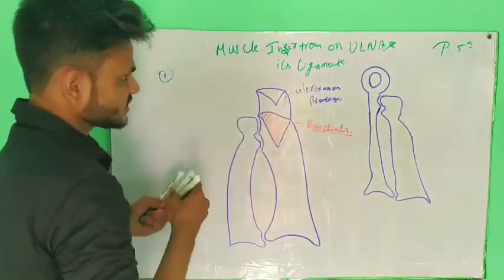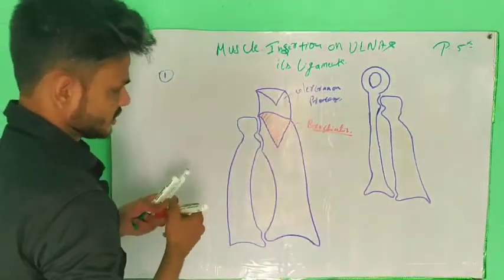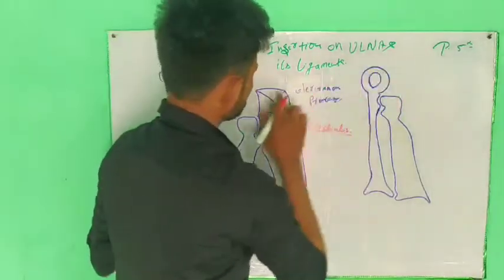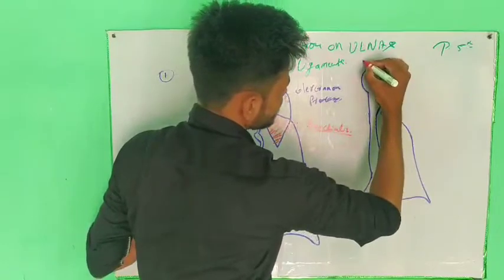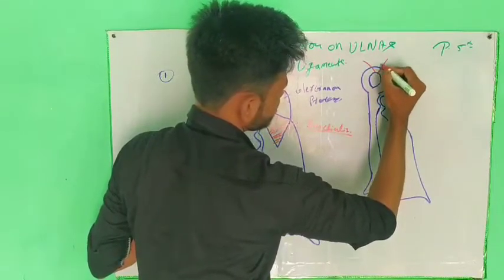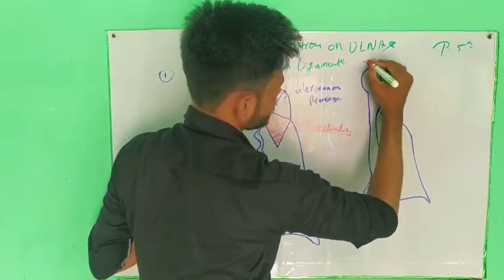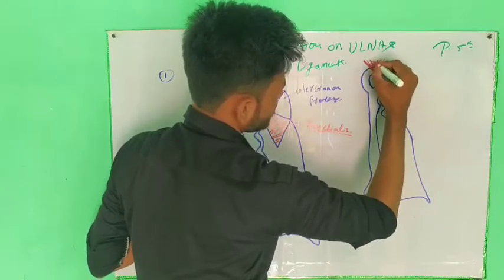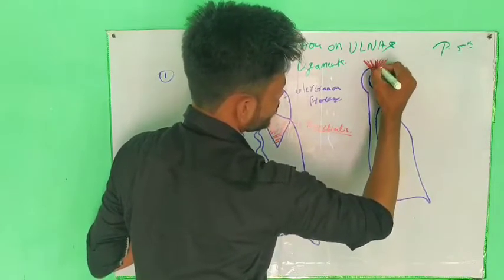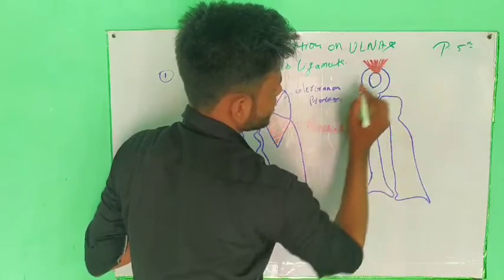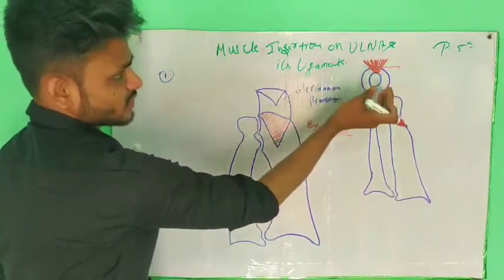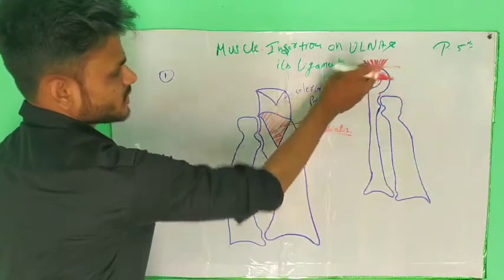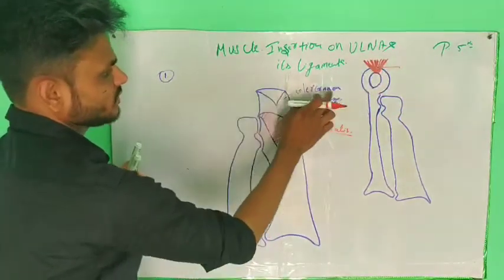On the superior surface of the olecranon process, this is the superior surface. On the posterior side of the superior surface, there is the insertion of the muscle. This muscle is inserted on the posterior aspect of the superior surface of the olecranon process.